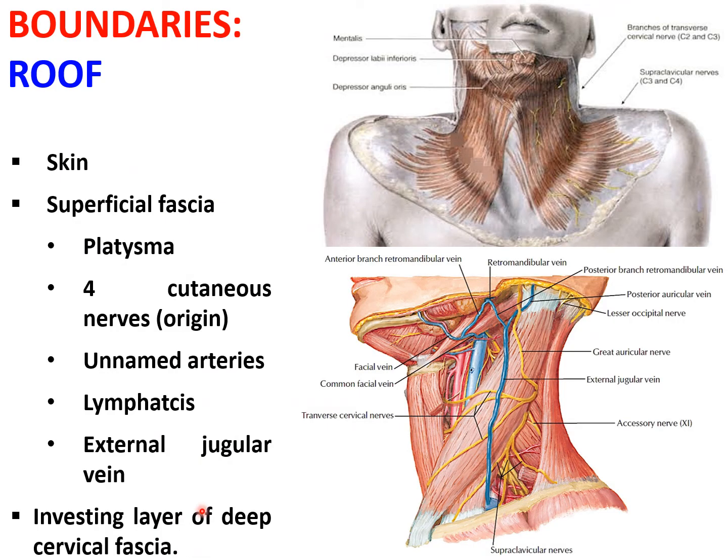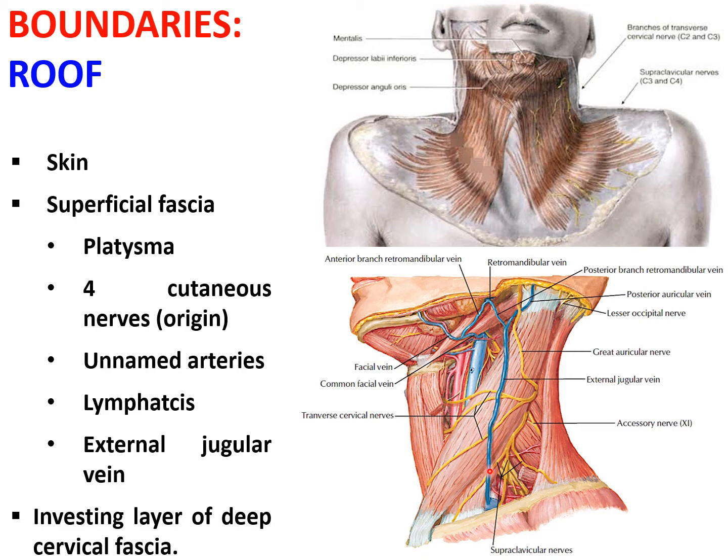Coming to the roof of the posterior triangle. As I've already shown you and told you in this image, the roof will be formed by the skin, the superficial fascia containing platysma muscle, the 4 cutaneous nerves which we are going to talk about, few unnamed cutaneous arteries, lymphatics, and the external jugular vein.